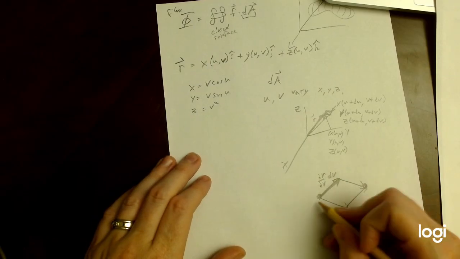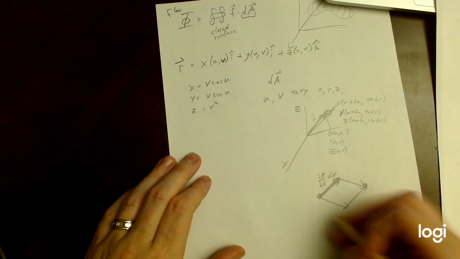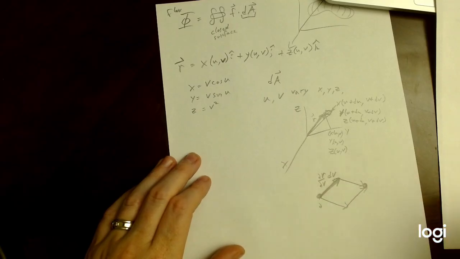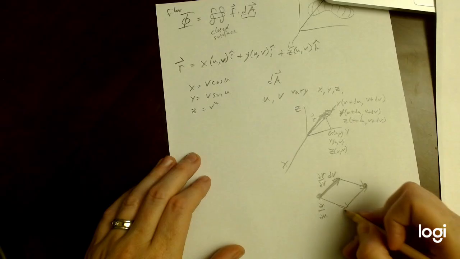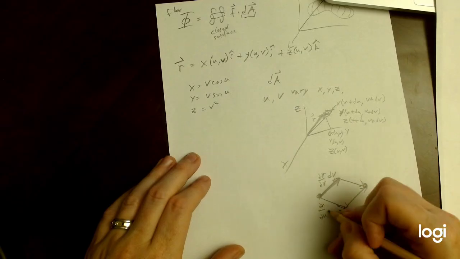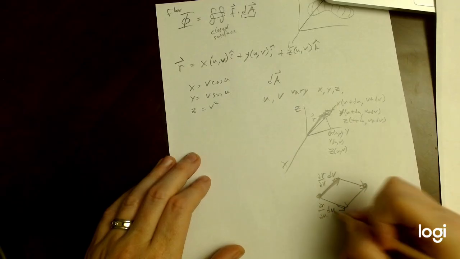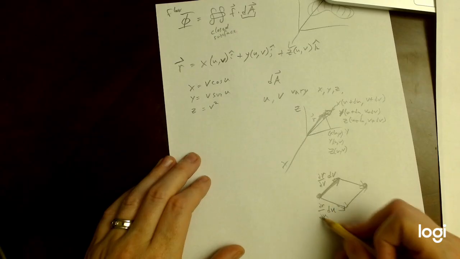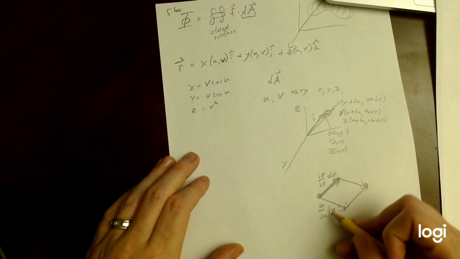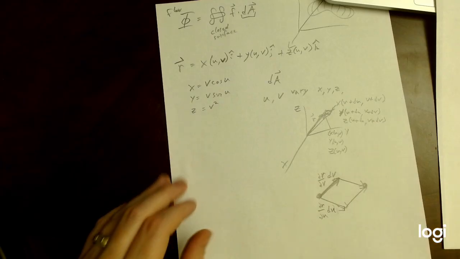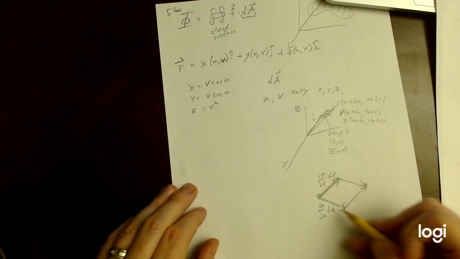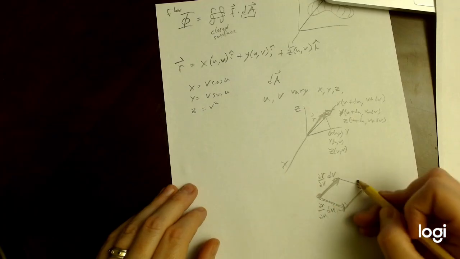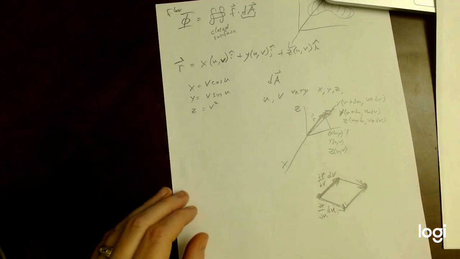Then this side of this little square or shape is as I vary the parameter u, I move in that direction by an amount equal to the partial derivative of r with respect to u times du. That gives me some amount of dr that I've changed, and as I vary both of them, I end up getting to some other point in space like this.